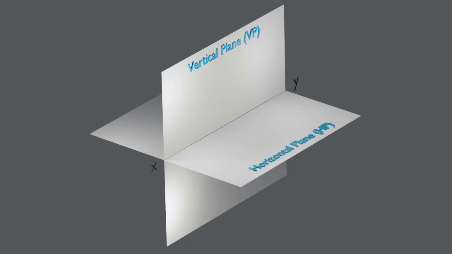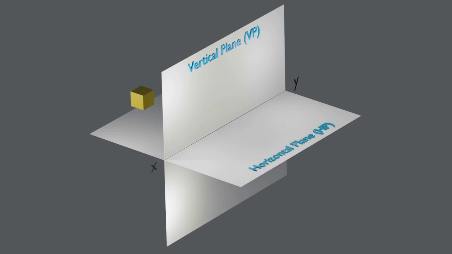As you can see, these two planes divide the space into four quadrants: first quadrant, second quadrant, third quadrant, and fourth quadrant. Note that these quadrants are arranged in anti-clockwise order. If an object is above the horizontal plane and in front of the vertical plane, it is in first quadrant.